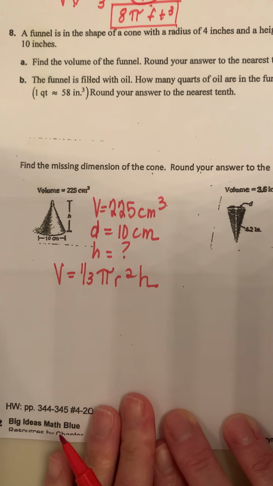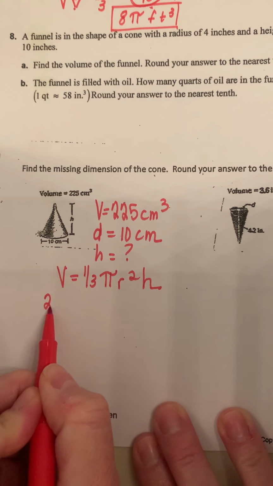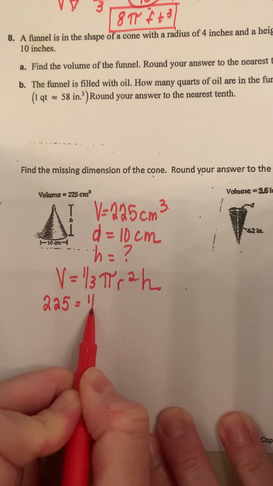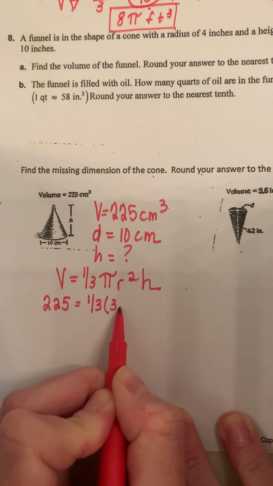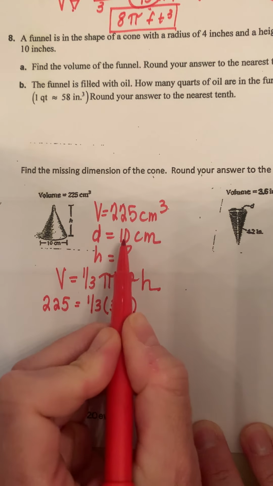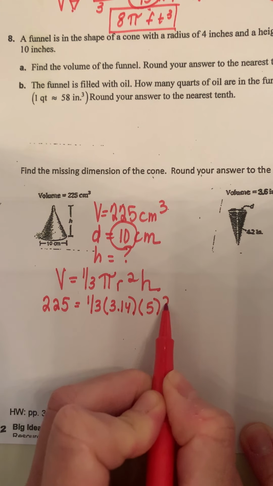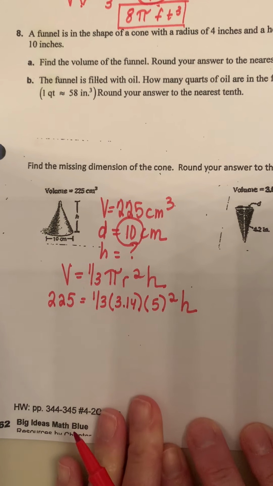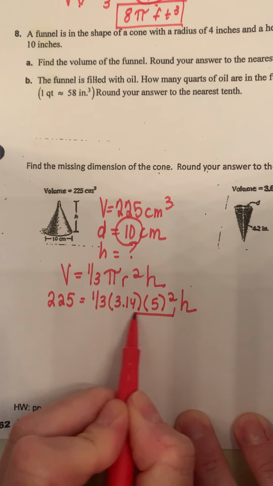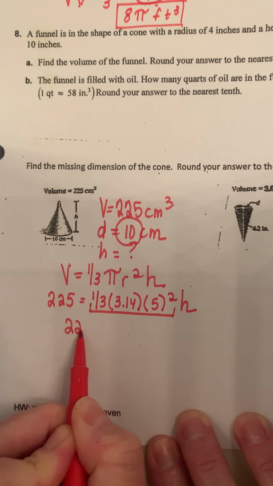Now we want to plug in everything we know. We know that the volume is 225. We'll use 3.14 for pi. The diameter is 10, so the radius is half of that, 5, and we don't know our height. So what I would do first is put all of that in our calculator.